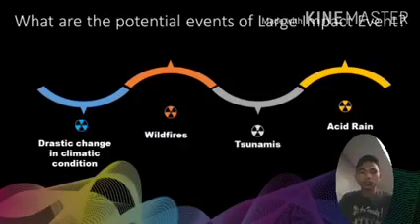I am now going to share with you the potential effects of bolide impact or large impact events. These are drastic change in climatic conditions, wildfires, tsunamis, and acid rain.